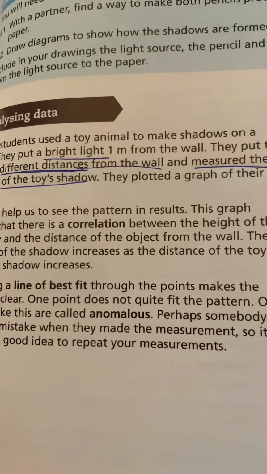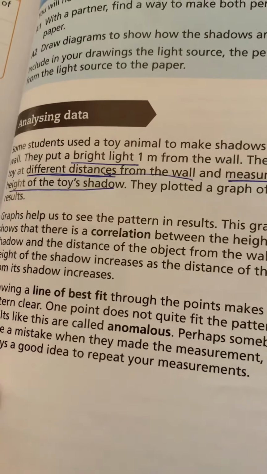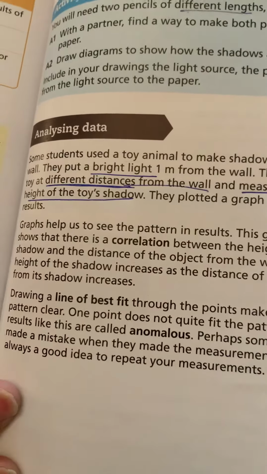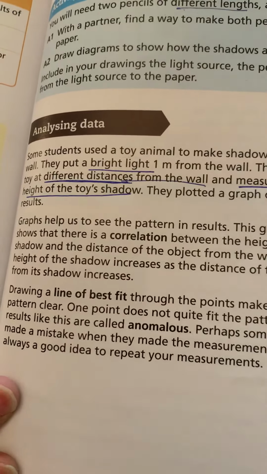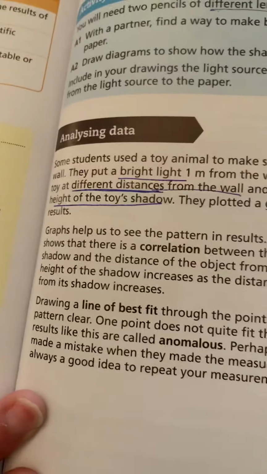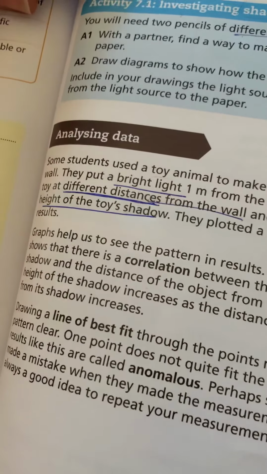So the thing that we change is the independent variable, because we are changing it, okay? The variable that we measure is the dependent variable, because this result will depend on the other variable.